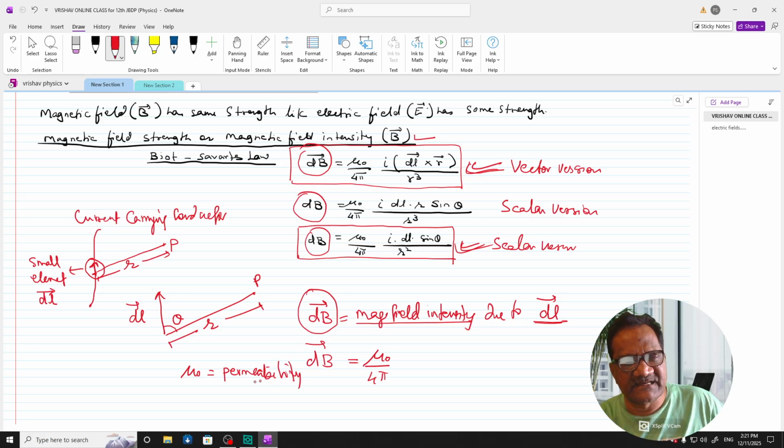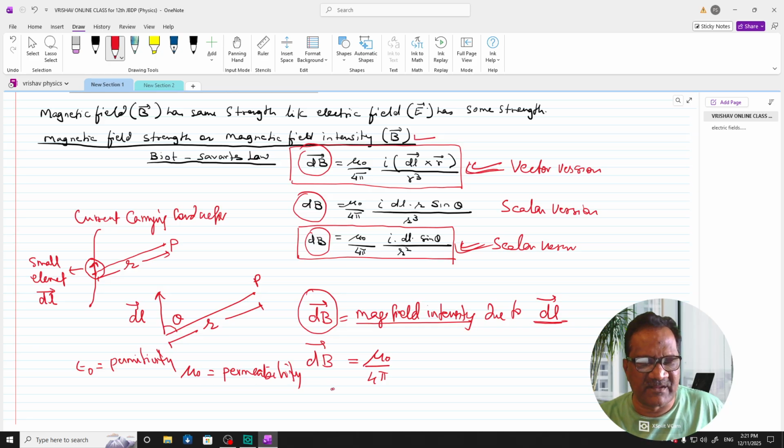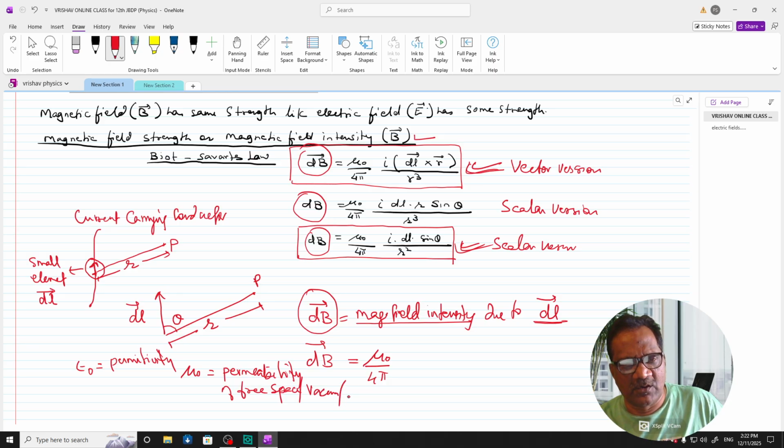Like in electric field, we had epsilon 0, which was known as permittivity. This mu 0 is known as permeability of free space, or you can say vacuum, or air.